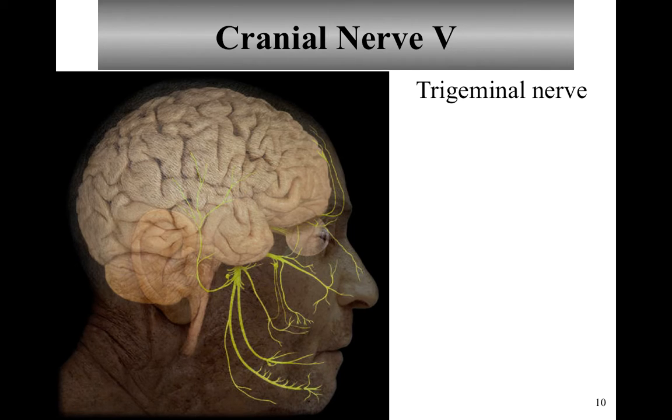It's a mixed nerve. This nerve is called the three sisters, because you can see that there are three parts to it.